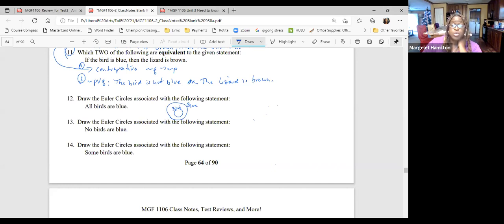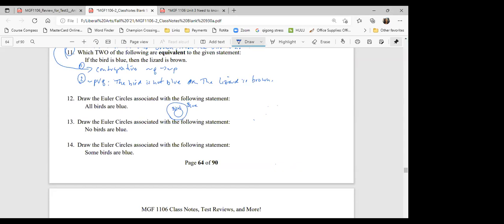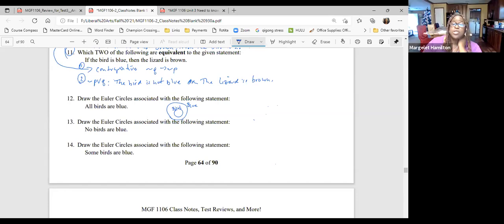Does everybody see what we're doing? No. Okay, tell me. Blue is on the outside of the circle. Tell me this: do you know where the circles are coming from?